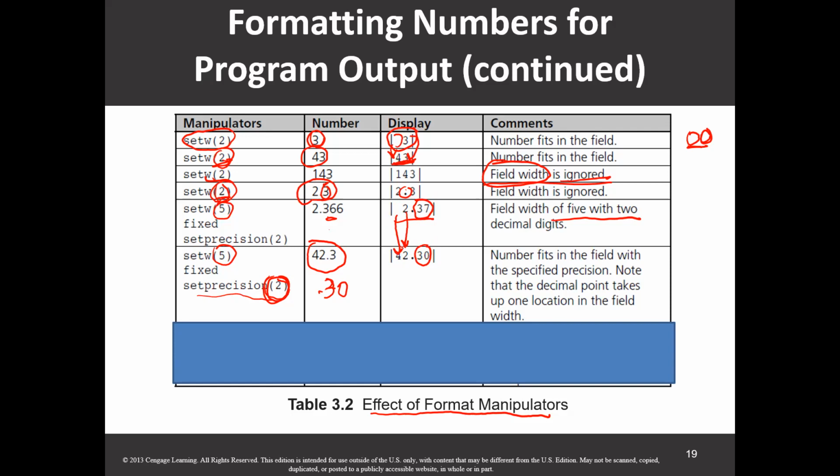So it's important to understand that. And as I told you, setw, the width, is 5 digits: 1 2 3 4 5. The number fits in the field with the specified precision. Note that the decimal point takes up 1 location in the field, and we added 1 location, which is the zero, to satisfy the precision 2.